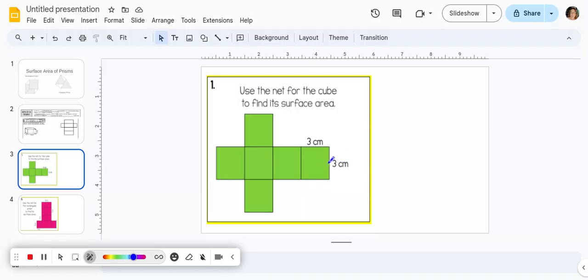So if this side is 3, that means this side is 3. And this side is 3. And this side is 3. And this side is 3 centimeters.